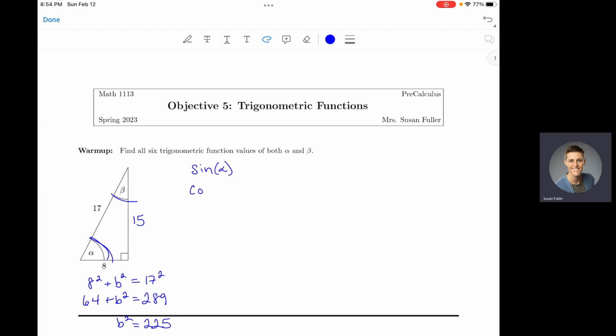Now we can go ahead and rock through each of these. Let's start with alpha. We'll do the sine of alpha, the cosine of alpha, the tangent of alpha, the cosecant of alpha, the secant of alpha, and the cotangent of alpha.